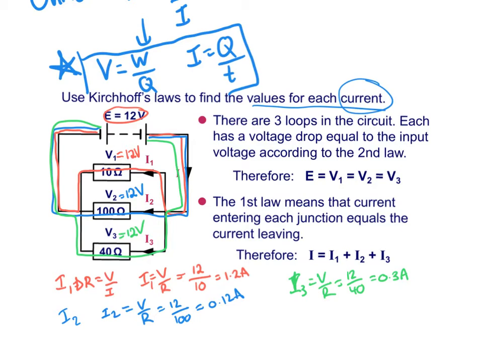And since I need to calculate the current I, I know that I is equal to I1 plus I2 plus I3, since I splits at this junction into I1, I2 and I3. Applying Kirchhoff's first law, that would be 1.2 plus 0.12 plus 0.3, which is 1.62.